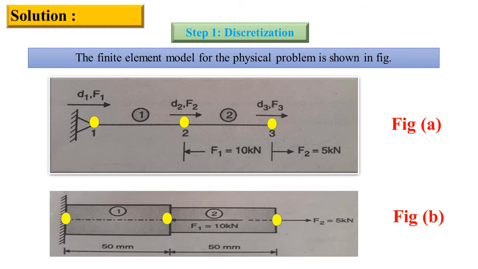So F2 is equal to 10 and F3 is equal to 5 kilonewton. We should not have any confusion between these F1, F2, F3 and the earlier F1 and F2. I repeat, here F1, F2 and F3 mean the force or load present at node 1, 2 and 3. So F1 is 0, F2 is equal to 10 kilonewton and F3 is equal to 5 kilonewton.